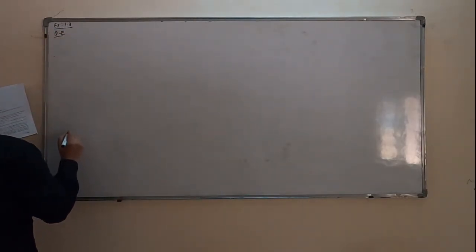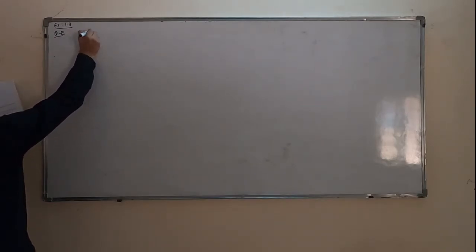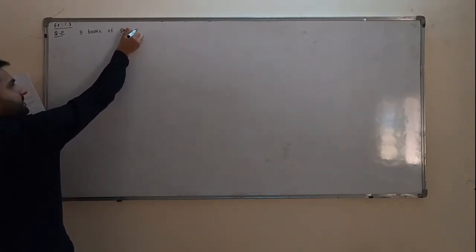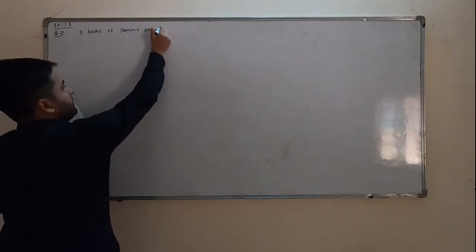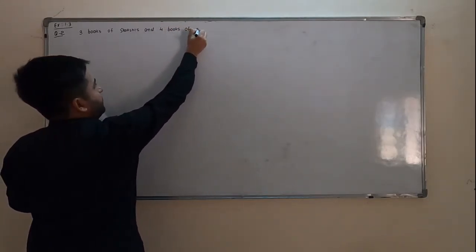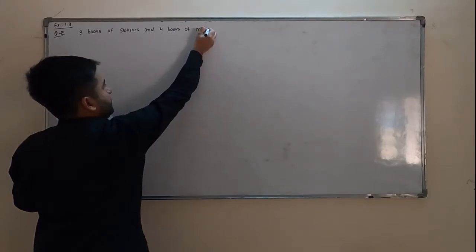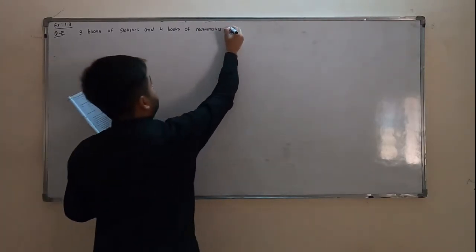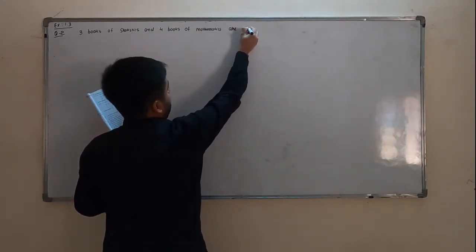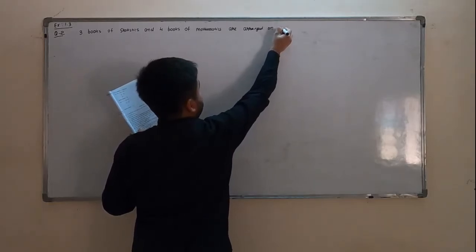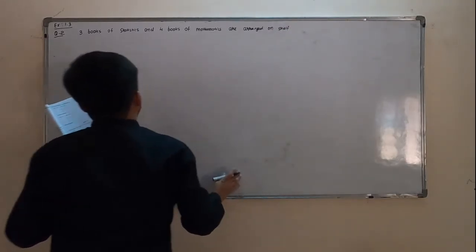Question number 2. 3 books of statistics and 4 books of mathematics are arranged on shelf.